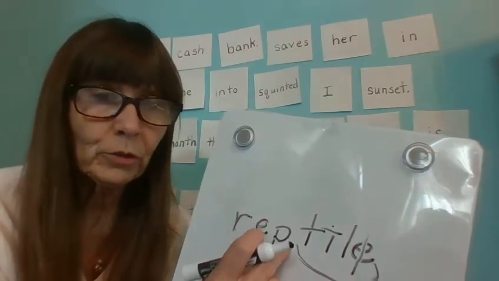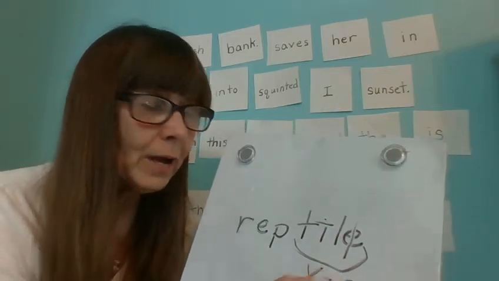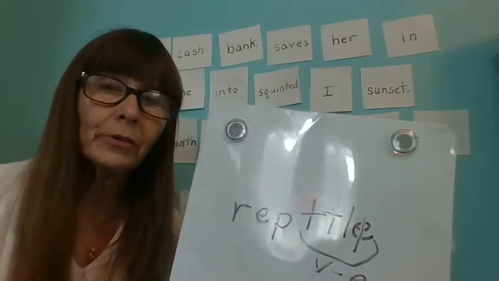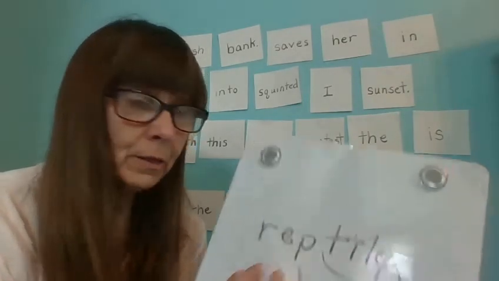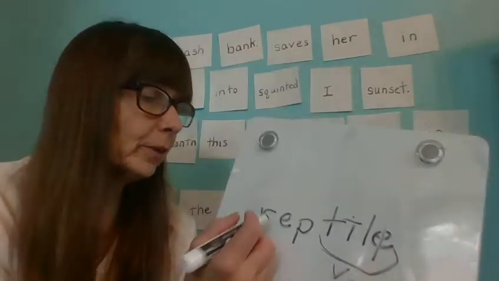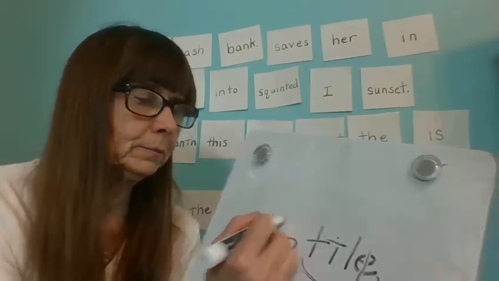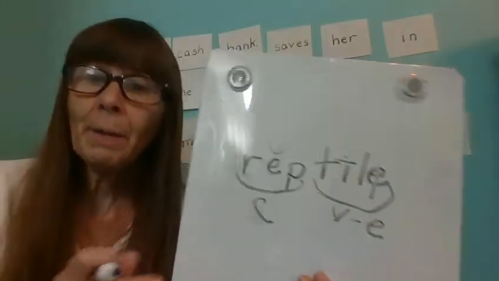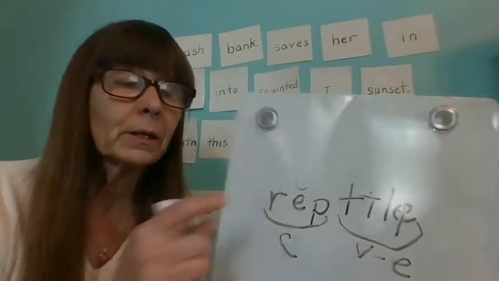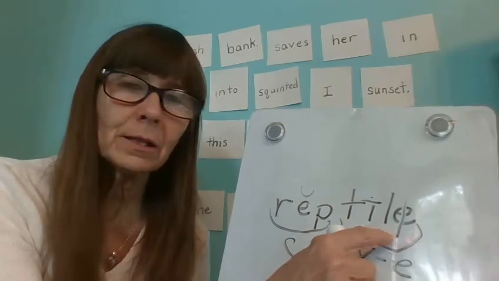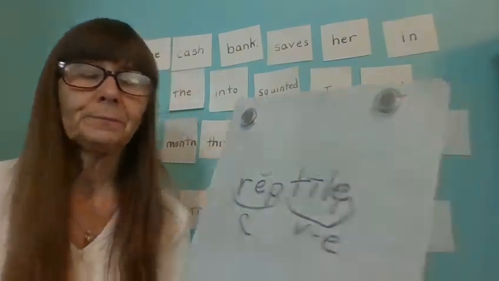We split between the two consonants. So it's not going to be a closed syllable. It's going to be vowel, consonant, E. Remember, the I is going to say its name. Over here, we have the E followed by a consonant. So it's going to be a closed syllable. So when we tap out this word, we get r, ep, rep, tile, reptile. So that's what it looks like, reptile.